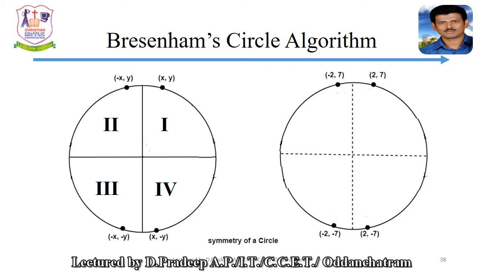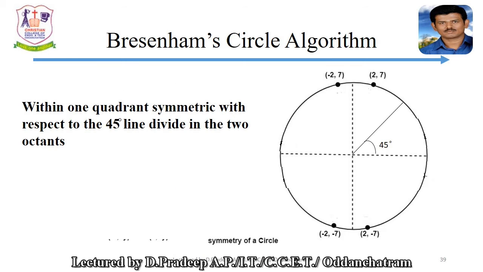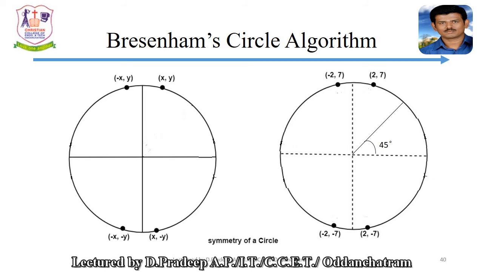If we go deeper, every quadrant is symmetric with respect to the 45-degree line that divides it into 2 octants. That means within a quadrant we have 2 octants. If we find any one boundary point in a particular octant, the corresponding other octant in the quadrant gets its boundary point based on the symmetry.